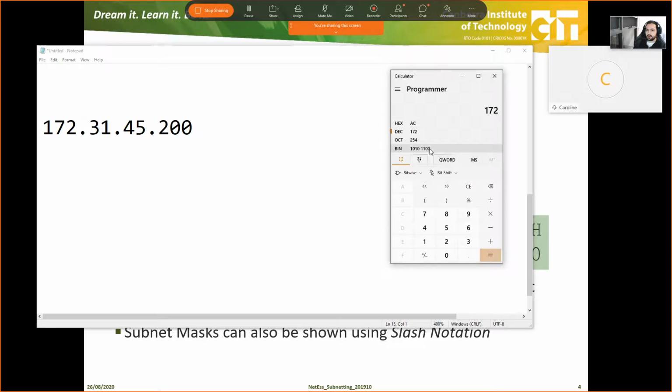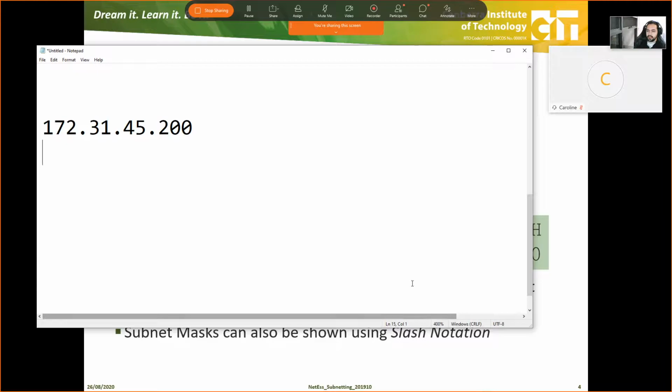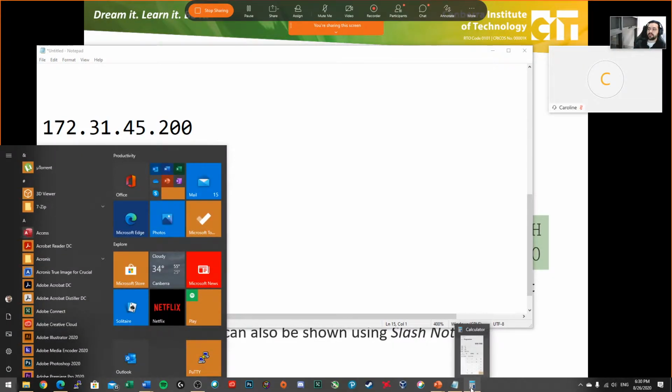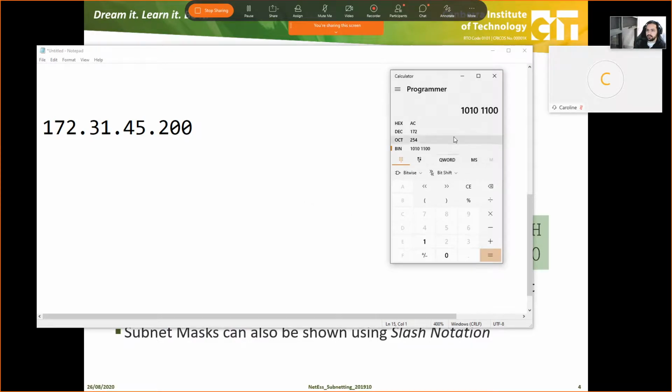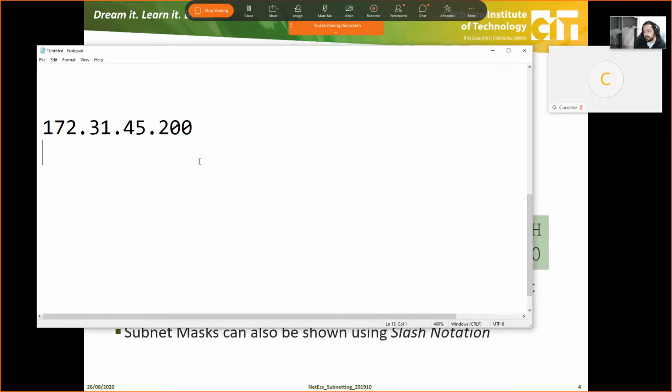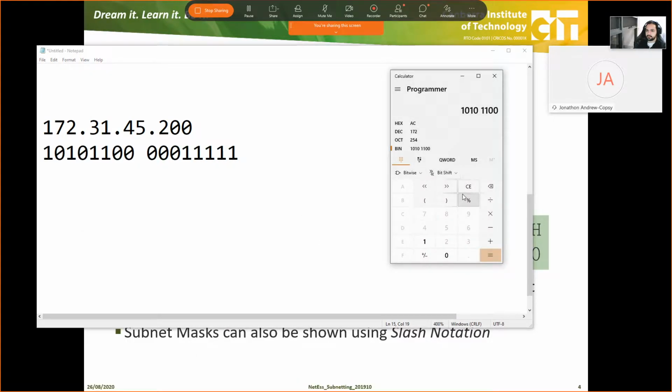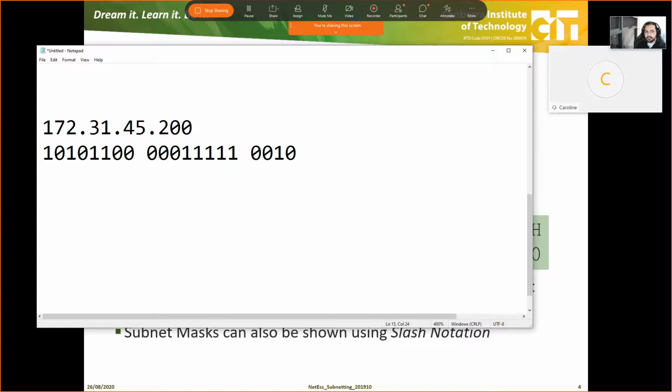Is this where we do the ANDing? So 45 is 0010 1101.